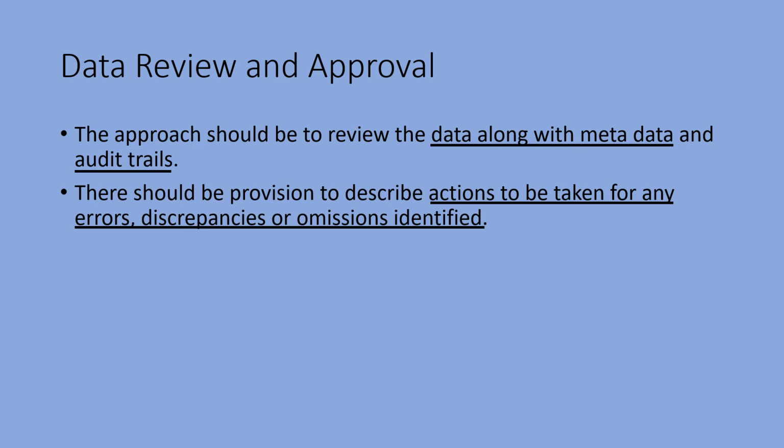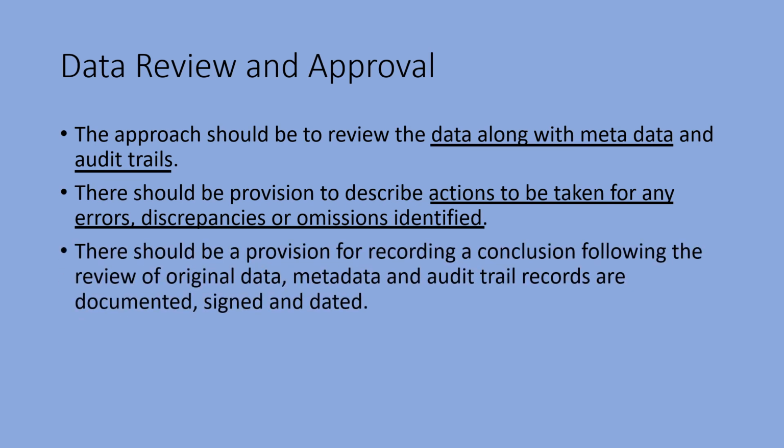In case of any errors found, there should be a provision for investigation and CAPA. There should be a provision for recording a conclusion following the review, and the original data, metadata, and audit trail records should be documented, signed, and dated. Finally, there should be a conclusion on the evaluated result.